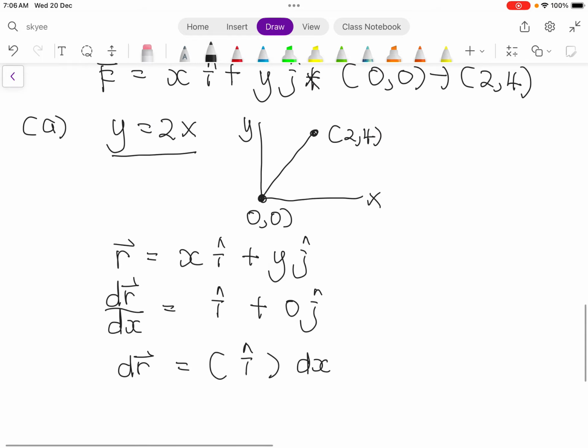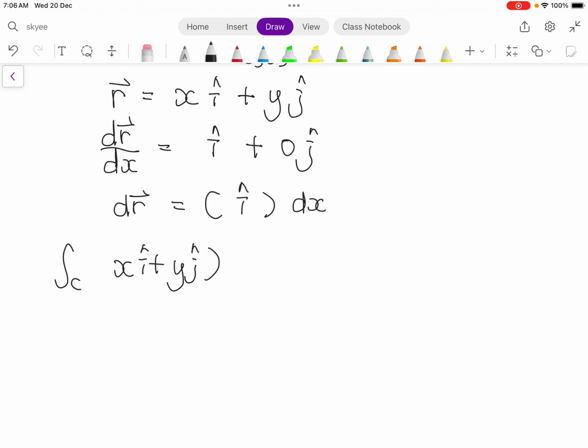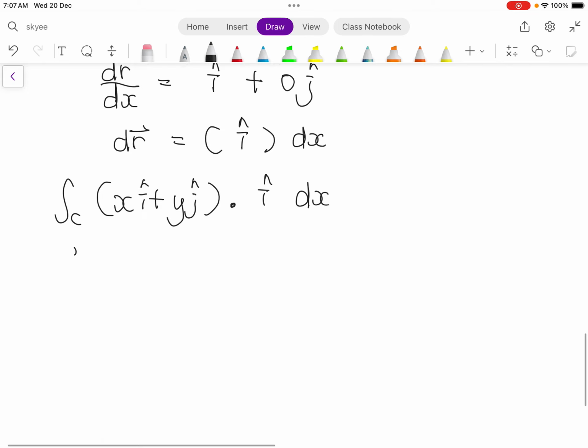So y will be equal to 2x. Look, now I put them together. The F is xi plus yj, and dot product with the dr over here. The dr only has the i component, so I will do it this way, and it will become x dx.